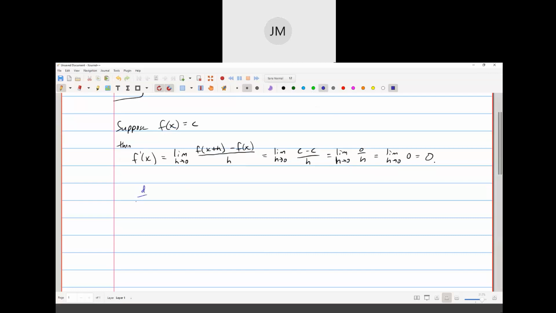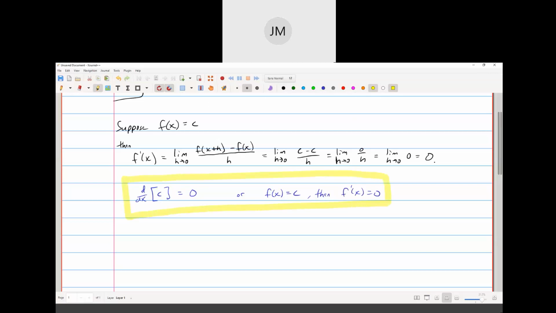So the derivative of a constant is 0. Or another way to write that is if f of x is equal to c, then f prime of x is equal to 0. Okay, that's our first derivative rule.